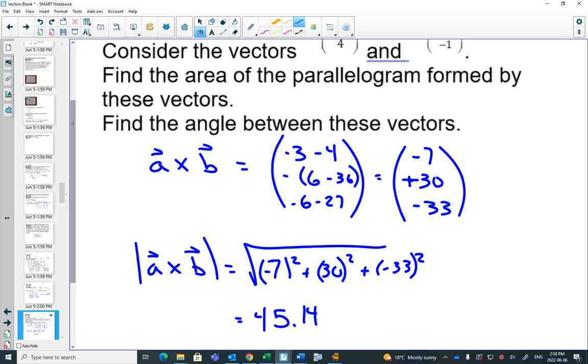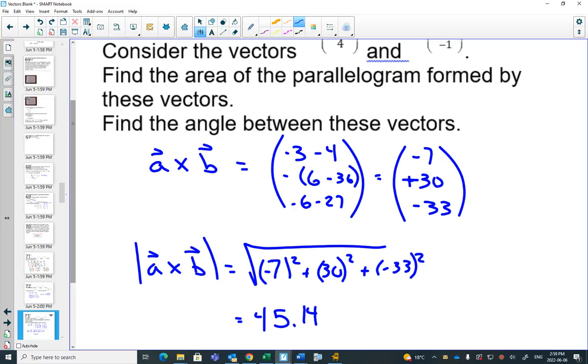Now, find the angle between these two vectors. I do find that finding an angle between two vectors, I like to use the dot product as opposed to the cross product. The cross product will give you the angle as well. The problem with the cross product is you can't determine whether the angle was acute or obtuse, because sine of theta could be possible in quadrant 1 or quadrant 2 according to your cast rule.